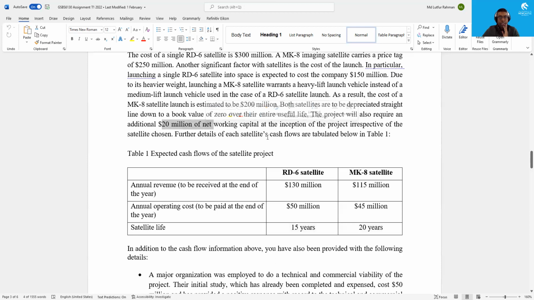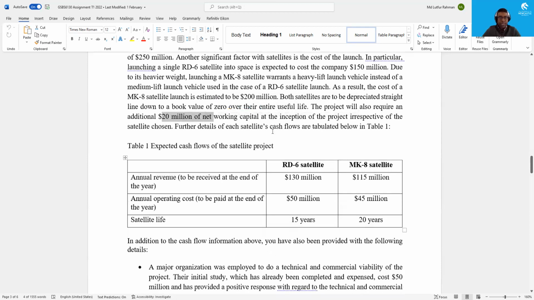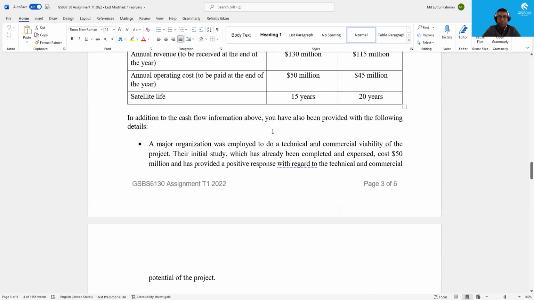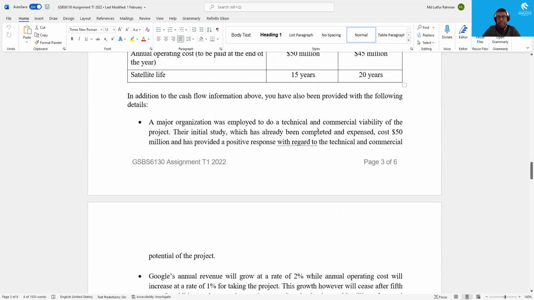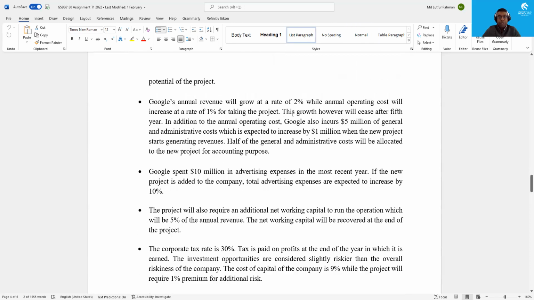There is an additional net working capital requirement at the inception of the project, irrespective of the satellite chosen. There was a technical and commercial viability cost, $50 million. The revenues and operating costs grow respectively 2% and 1% up to year 5. General and administrative costs will increase by 1 million.